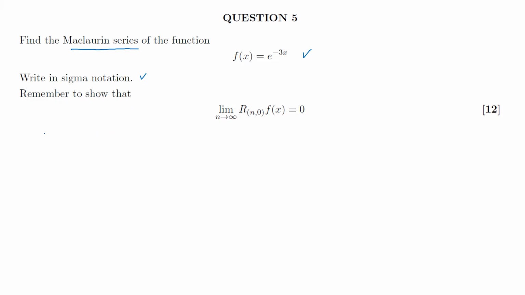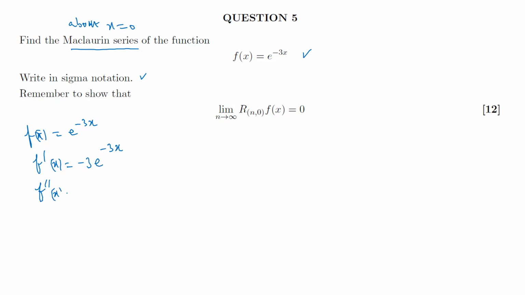Right, so we start. Maclaurin means a series about x equals zero, which means f of x. Okay, f primed, which is minus 3e to the minus 3x.